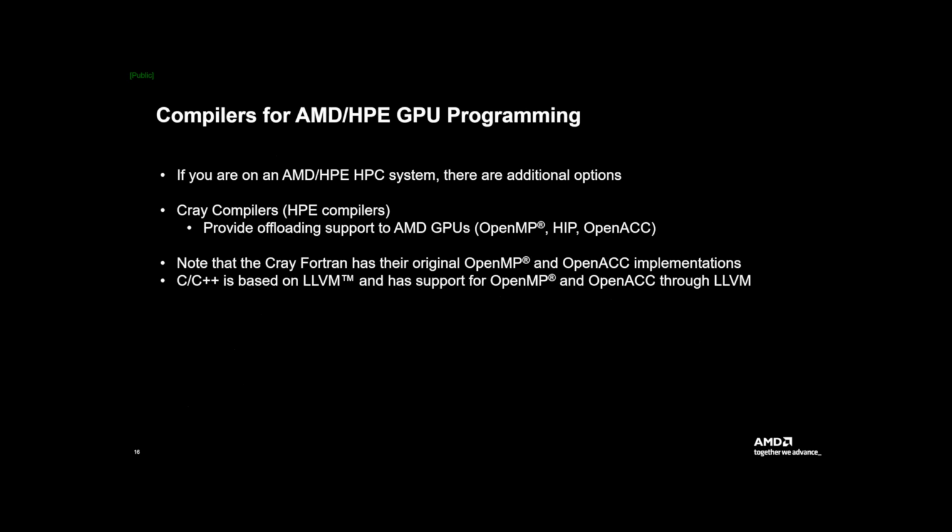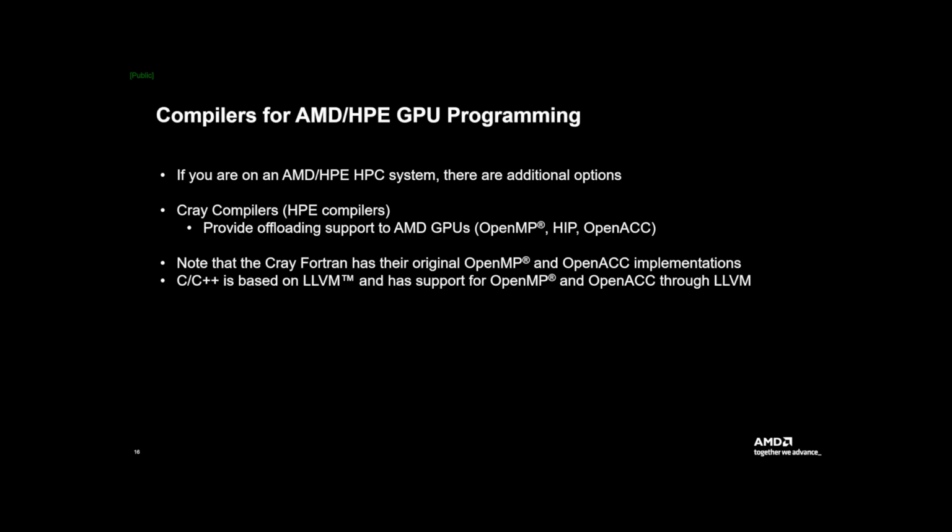If you're on the Cray systems, you have other support for OpenACC and OpenMP. So Cray was one of the first that established the OpenACC standard, and their Fortran compiler still is one of the best implementations of OpenACC. They haven't quite caught up to the latest standard.